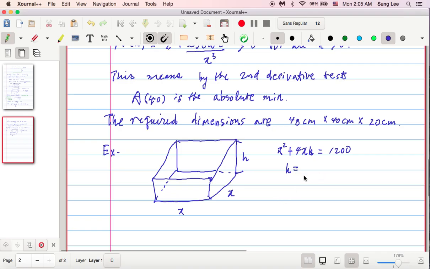So h is going to be in terms of x. That's going to be 1200 minus x squared, all over 4x, which equals 300 over x minus x over 4.